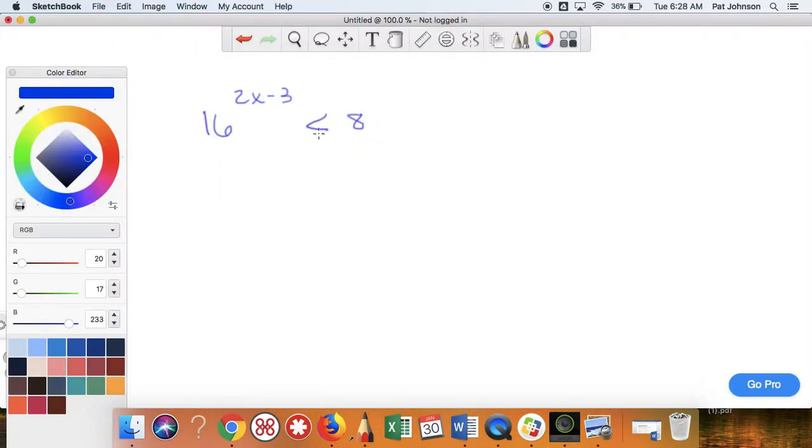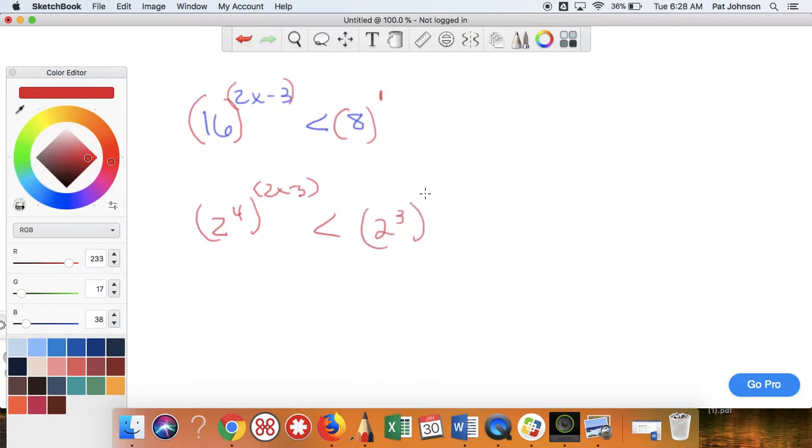All right, well, I don't have the same bases, but I do know that I can rewrite them as powers of 2. I'm going to put parentheses, which will help us so we don't mess up because we have a binomial as a power here, and our power is implied 1 here. So this can be written as 2 to the 4th raised to the 2x minus 3, less than 2 cubed raised to the first power.